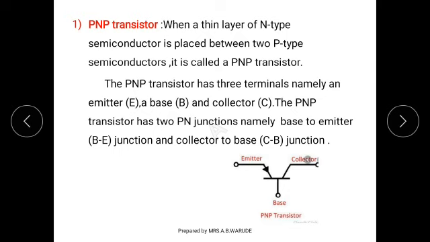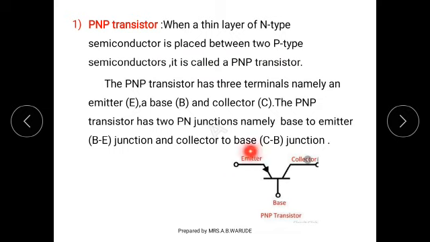First we see what is a PNP transistor. This is the diagram or transistor symbol of PNP transistor. First we see how the PNP transistor junction is formed. When a thin layer of N-type semiconductor is placed between two P-type semiconductors, then it is called a PNP transistor.